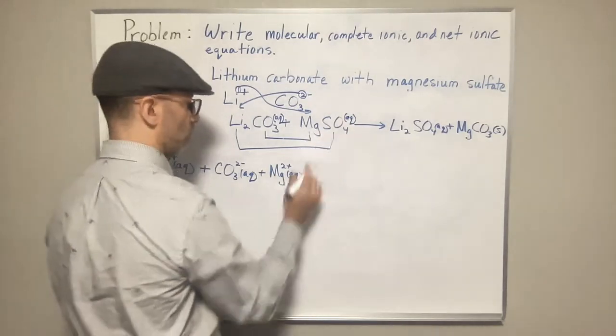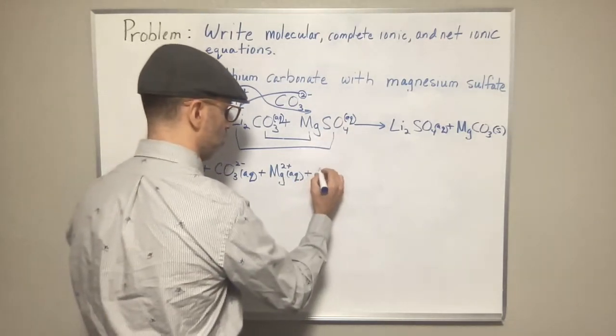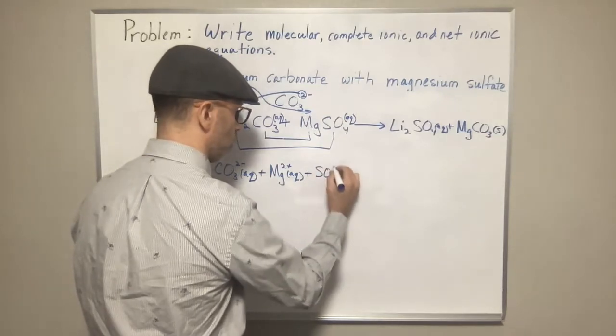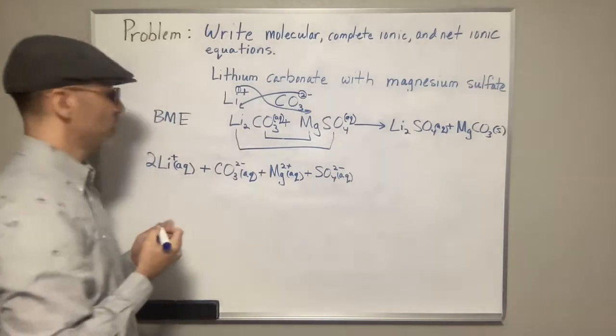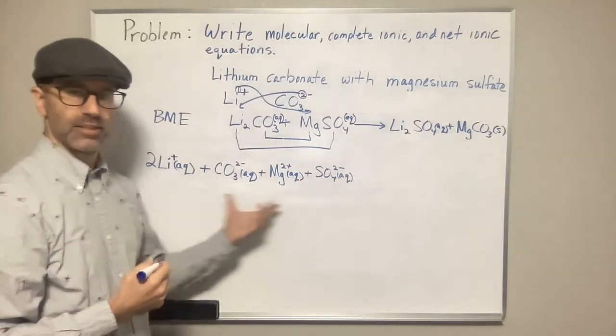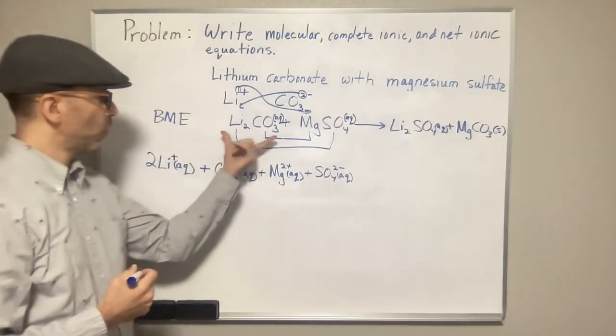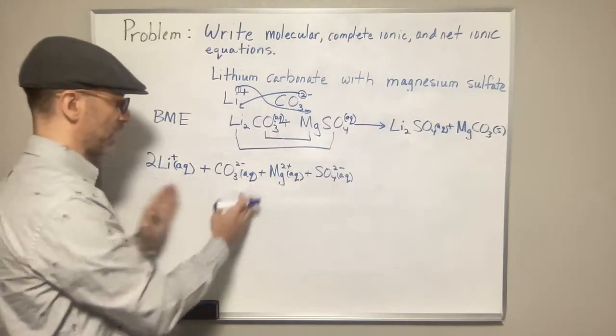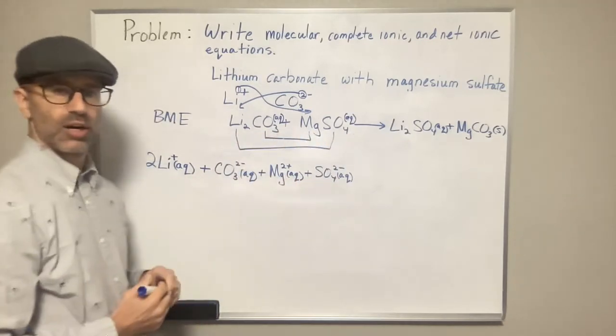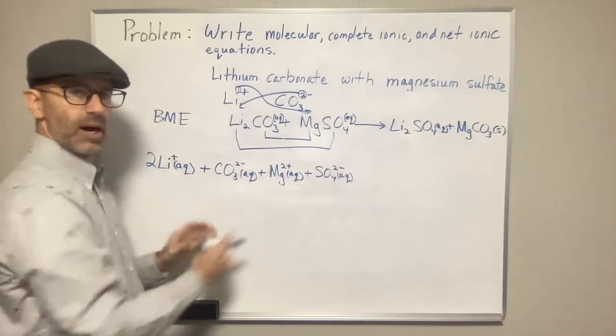And then we have 1 sulfate, so that's going to be 1 SO4 2- aqueous. Okay. So we've got our 2 reactants written. What we've done is taken the aqueous reactants and separated the ions into their respective parts.